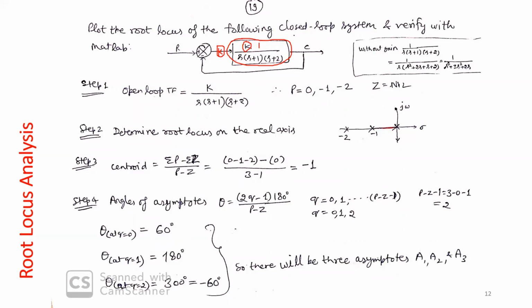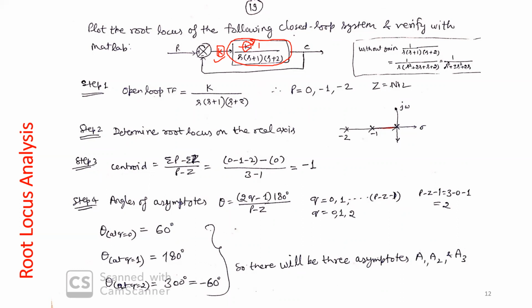Now we have to draw the root locus of this system in order to see how the closed loop poles move in the S-plane when I change this K value from 0 to infinity.